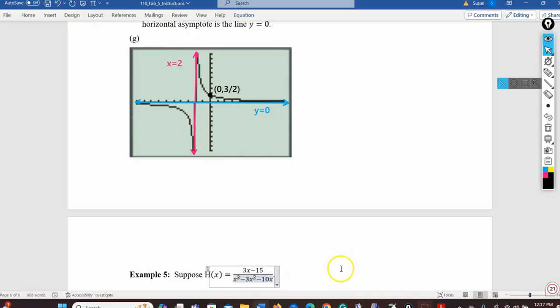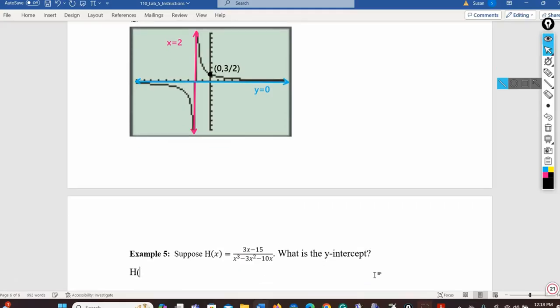If I had something like this, and we were asked what is the y-intercept? Well, what happens when we evaluate at h of 0?